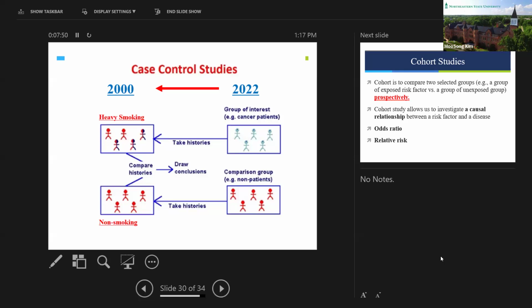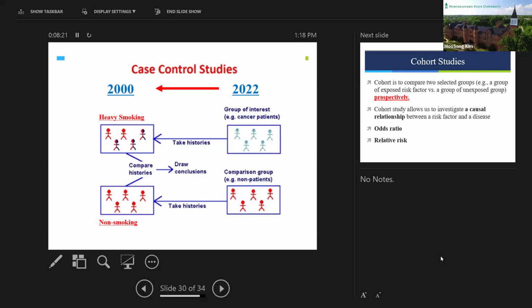But this study design has some issues. Do you remember what you did one month before today? What did you do on the exact same day last year? You'd say, I don't know.